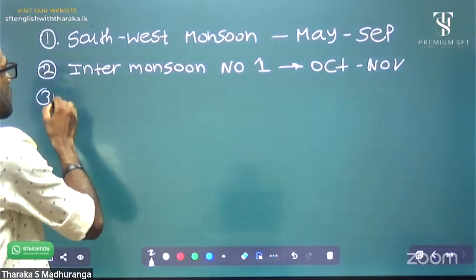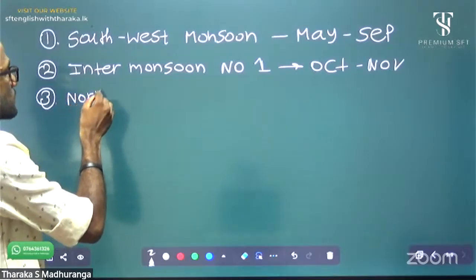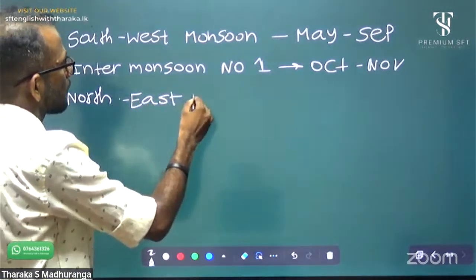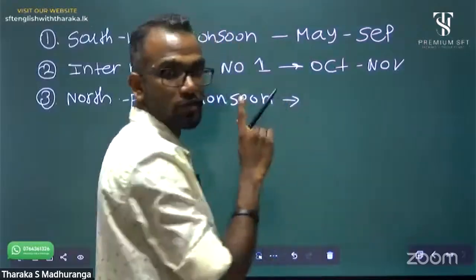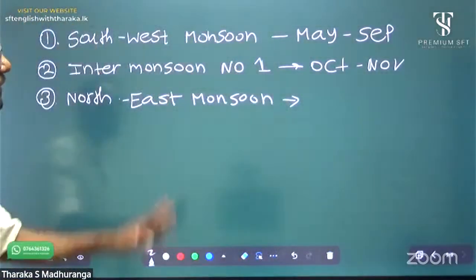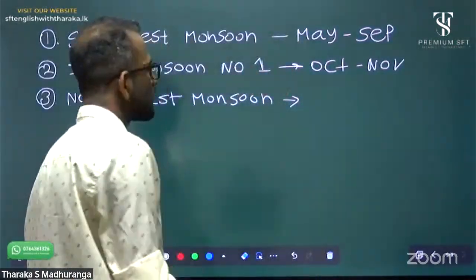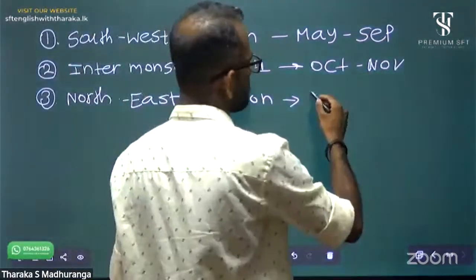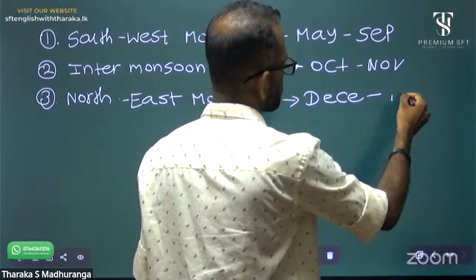The third one, northeast monsoon. Northeast monsoon. The Sri Lankan rain patterns. Do you know the time of the northeast monsoon? It is December to February.